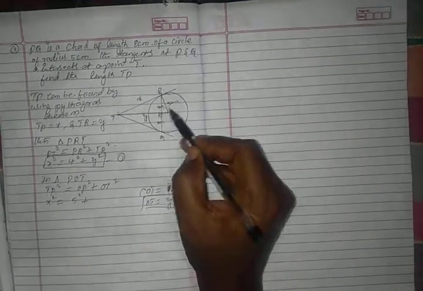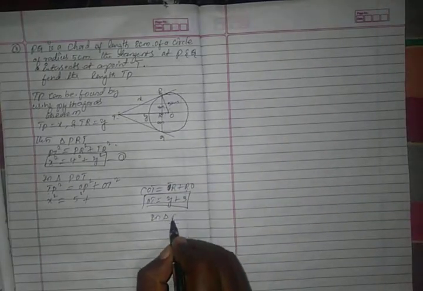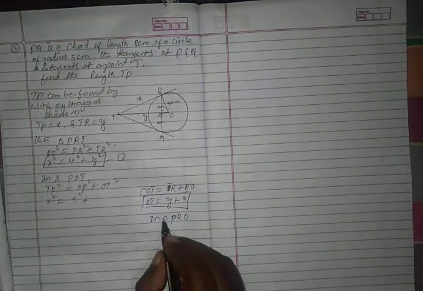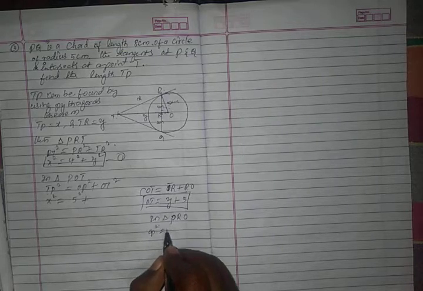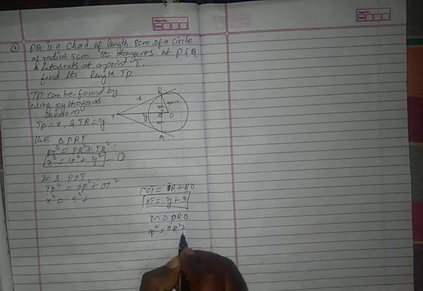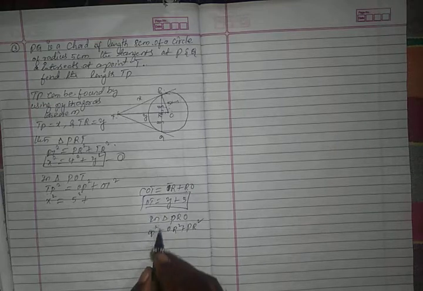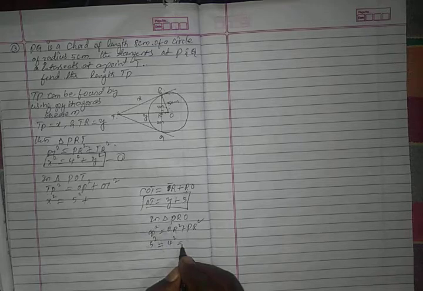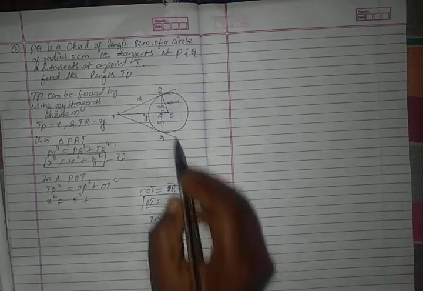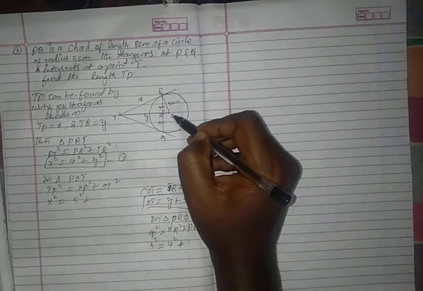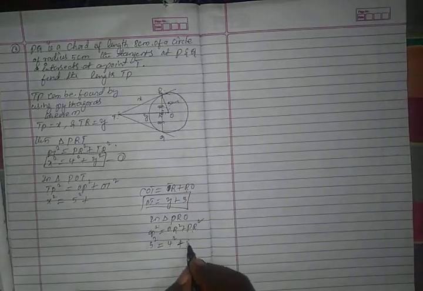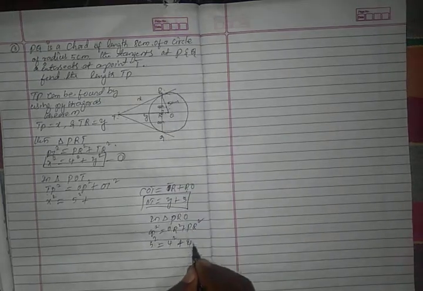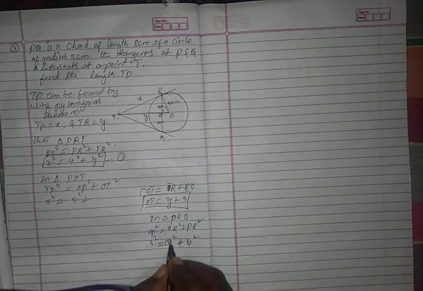Here in the small triangle PRO, the hypotenuse is OP, so OP square is equal to OR square plus PR square. OP is 5 squared and PR is 4 square.